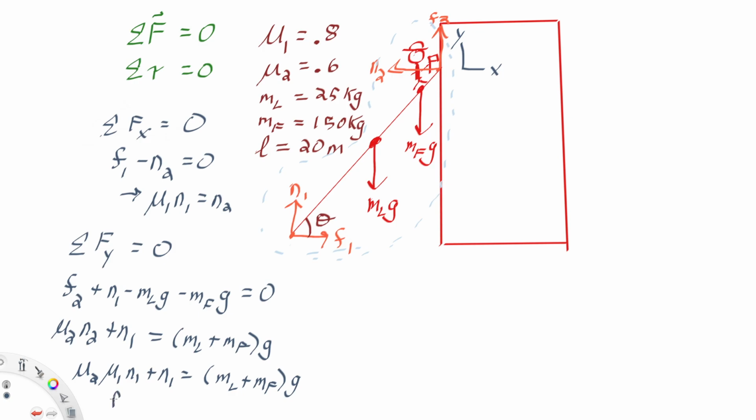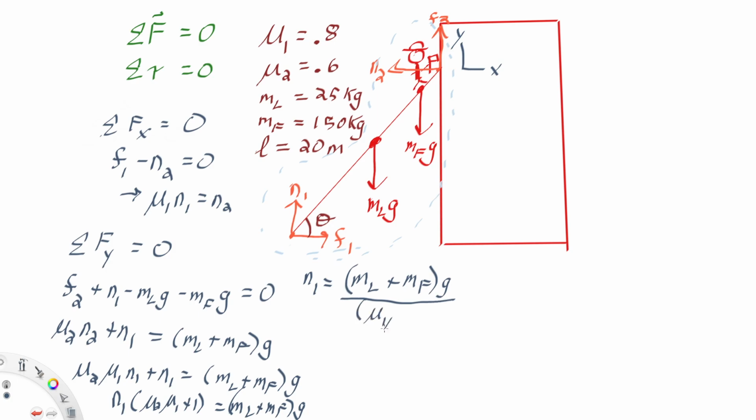Factor out an n1. And then finally we solve. So n1 is equal to the total weights on top divided by this weird thing that's a product of coefficients of friction.